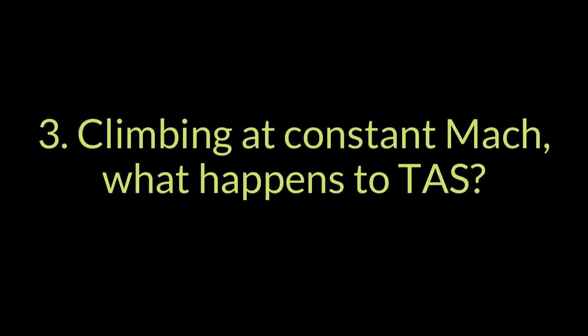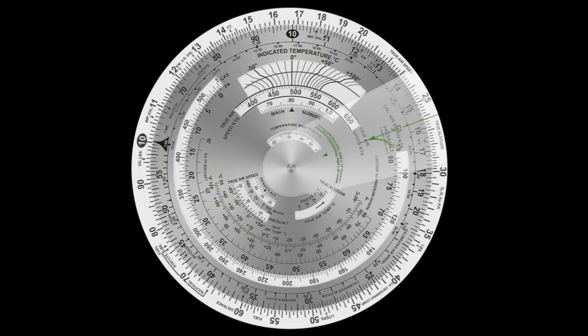Let's take the next question: climbing at a constant Mach, what happens to the true airspeed? This question is not directly related, because if I set a fixed Mach number, I can't see the true airspeed, so I have to assume there is a temperature. The recovery factor, the coefficient of temperature, I don't really mind about it, but all I can assume is that as I climb, the temperature will be decreasing.